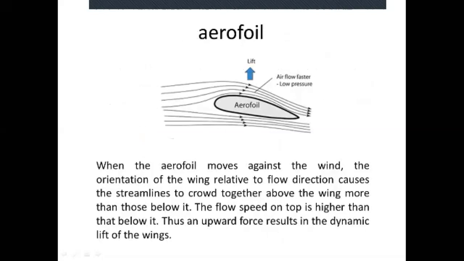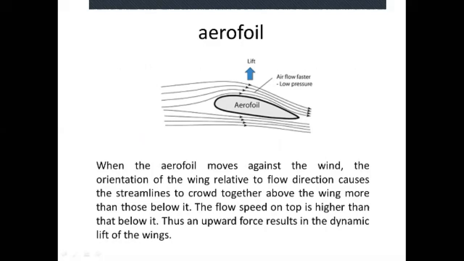Another one is the aerofoil. An aerofoil is basically an object which is shaped in this manner, in such a way that if it's moving against the wind, the air will flow faster on the upper side, due to the streamline shape of the object, than on the lower side.